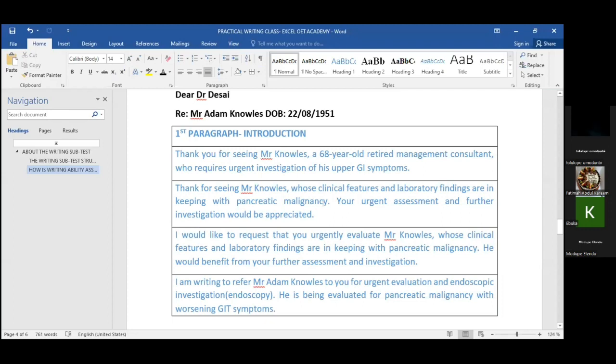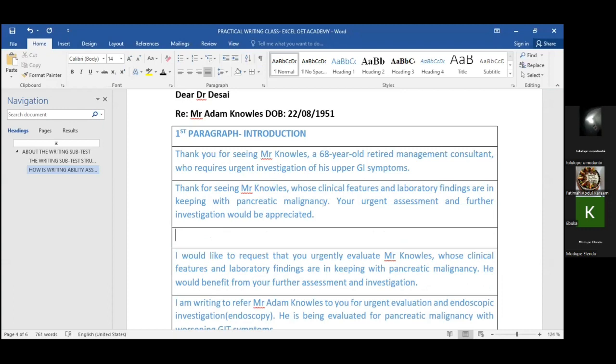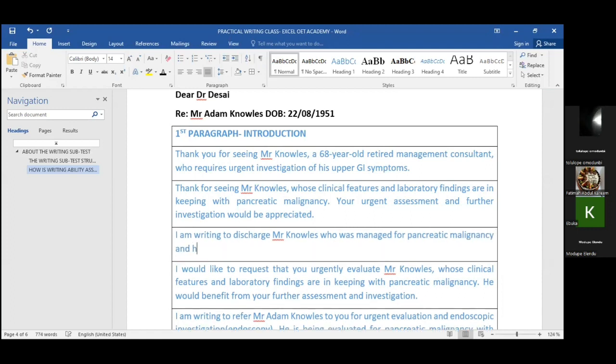So for a transfer or a discharge letter, I can say, I am writing to discharge Mr. Knows, who was managed for pancreatic malignancy and has made a remarkable progress.